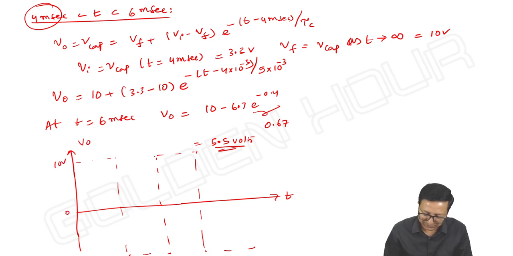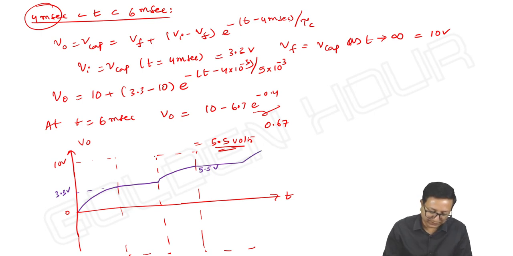Input may be having a shape like this, but in the first cycle the output is charging up to 3.3 volts. Next, from 2 to 4 milliseconds it remains constant. Next, again it is charging up to 5.5 volts. Next it remains constant. Further it will continue to charge like this. This is the idea.